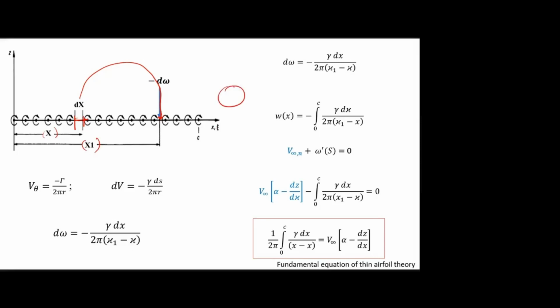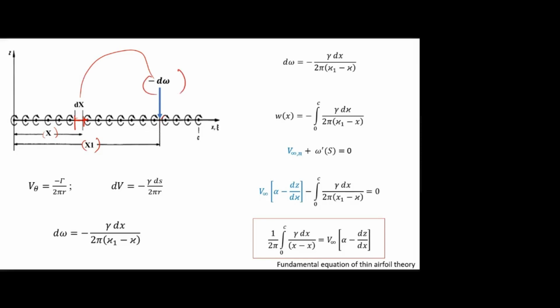You know, a vortex will have velocity in all directions, right? But here we are interested only in the normal component of the velocity. So this small section induces the normal velocity at some random point.